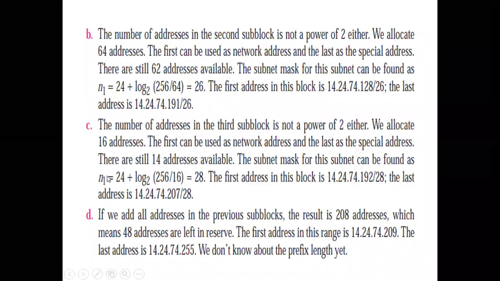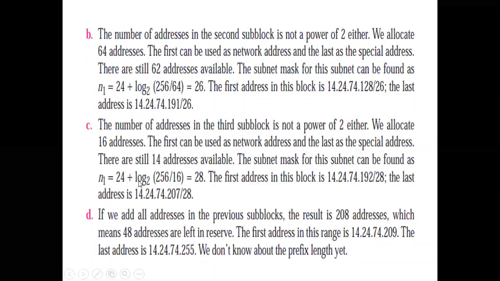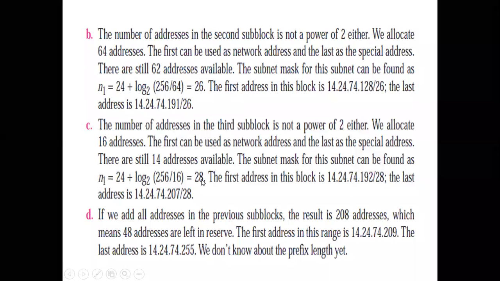So for the third subnet, you are calculating the mask and net ID. The subnet ID length for the third will be calculated with the same formula, 24 plus log of 256, meaning the main strength of your network, divided by the third subnet's strength, to the base 2. It is giving the answer 28.